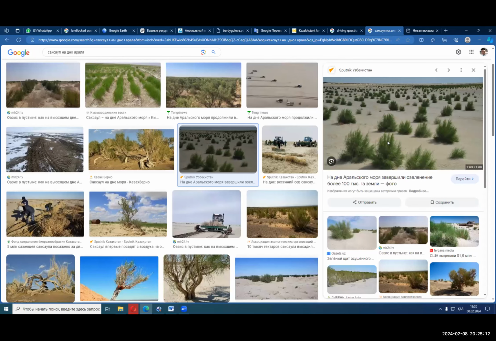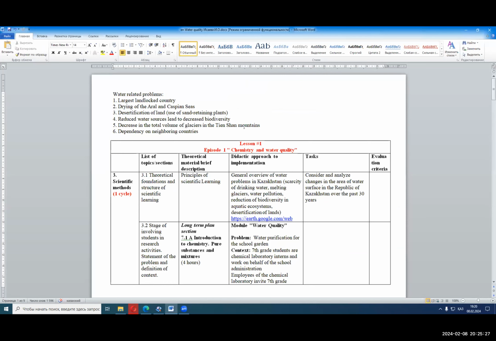So we have this type of tree which doesn't need so much water, and we use it for stopping motion of sand. And there are other problems like decreasing the volume of glaciers in our mountains, and also dependency on our neighbors. I mean, 60 or 70% of our rivers come from our neighbors. So we need to have good relations with our neighbor countries.